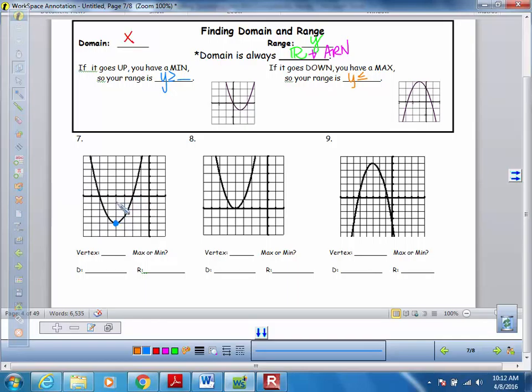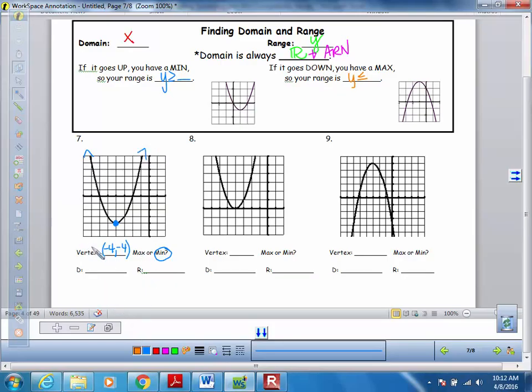And then we go down 1, 2, 3, 4. Okay, so if we went left 4, what does that mean our x is? -4. And we went down 4, so our y is -4. Now, does this have a lowest point or does it have a highest point? A lowest point. So is that a minimum or a maximum? A minimum. Okay, because this is the lowest it goes and it goes up forever.